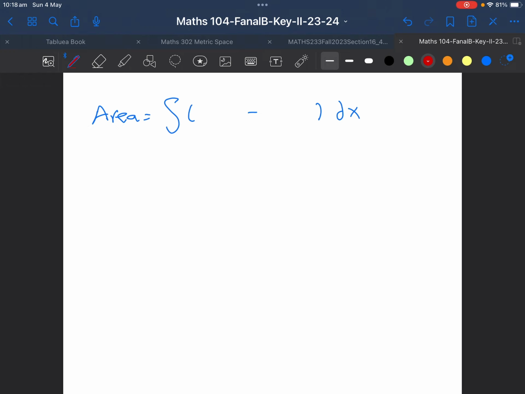Now, all you need to do is write the top function minus the bottom function, and of course the integration will be from minus 2 to 2.